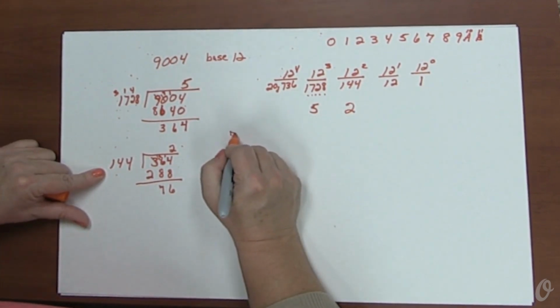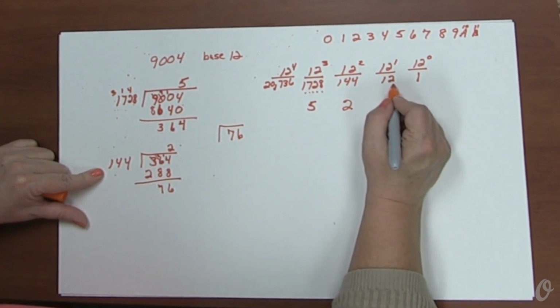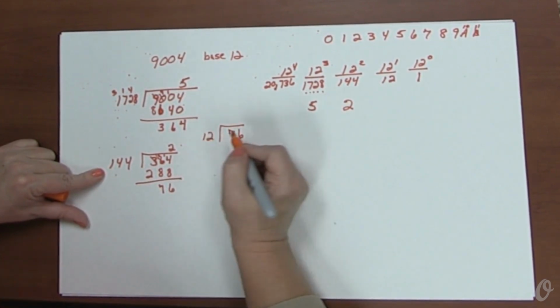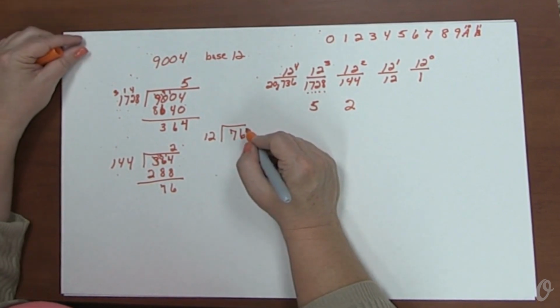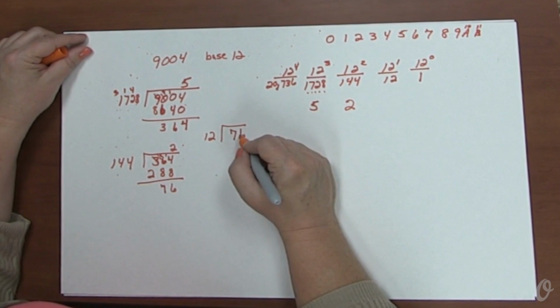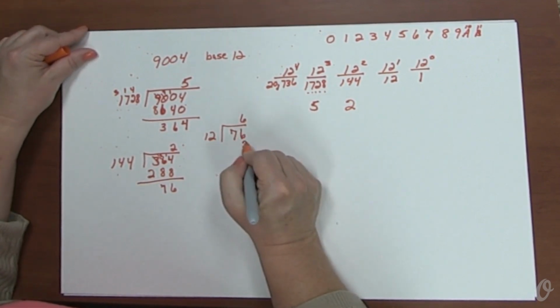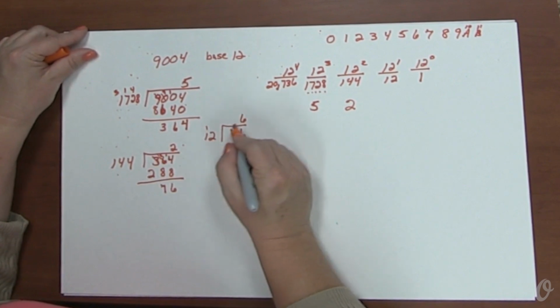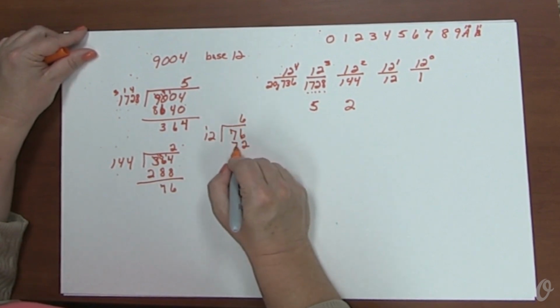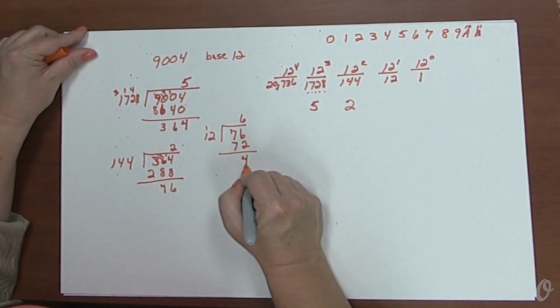Now taking my remainder, 76, I'm going to divide by my next number, which is 12. Now 12 is going to go into 76 6 times. 2 times 6 is 12, carry the 1. 1 times 6 is 6, plus 1 is 7. 6 minus 2 is 4.